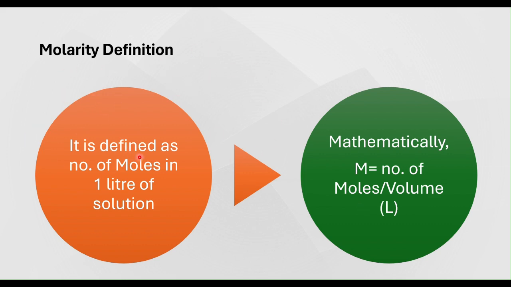It is defined as the number of moles dissolved in 1 liter of solution, which gives the molar strength. Mathematically it is represented by M, and is equal to number of moles over volume in liter. So that way we come to know the molarity. If you dissolve 1 mole of sodium hydroxide in 1 liter of solution, its molarity will be 1.